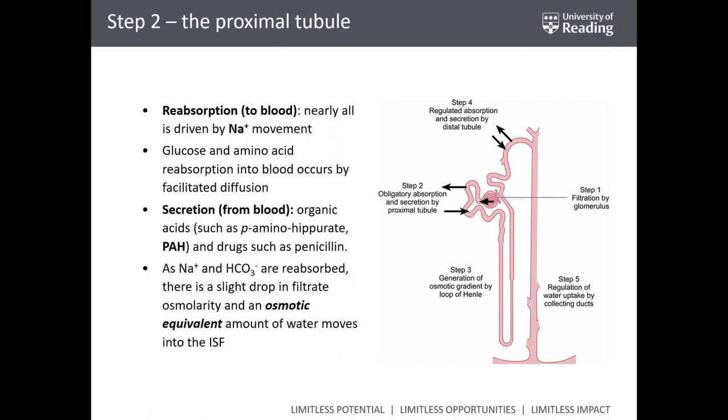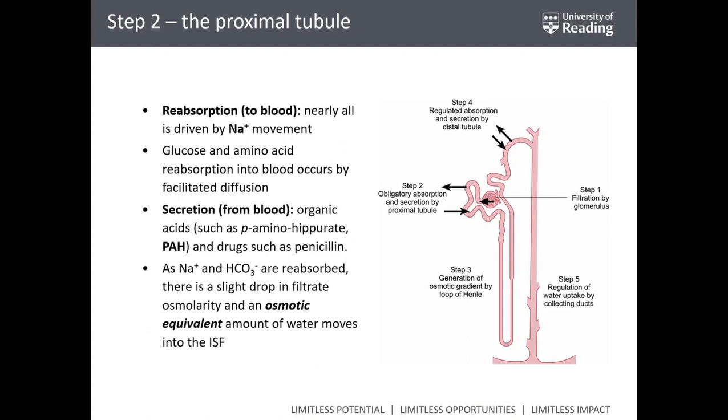Glucose and amino acid reabsorption into the blood occurs via facilitated diffusion. So amino acids and glucose just follow their gradient of concentration, moving through carriers on the plasma membrane.